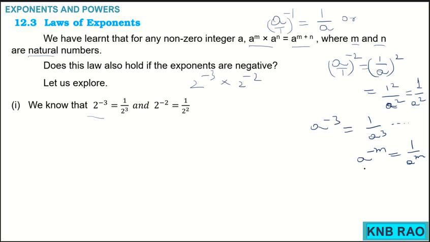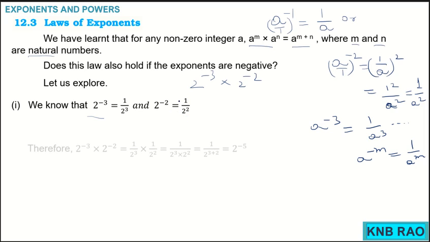So whenever any base contains a negative power, we will bring it into the form of 1 upon that same base raised to the positive power. So with this previous knowledge, 2 power minus 3 can be written as 1 by 2 power 3, and 2 power minus 2 can be written as 1 by 2 square.